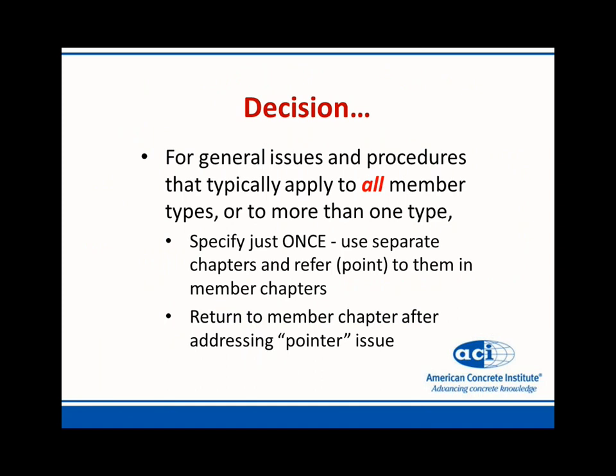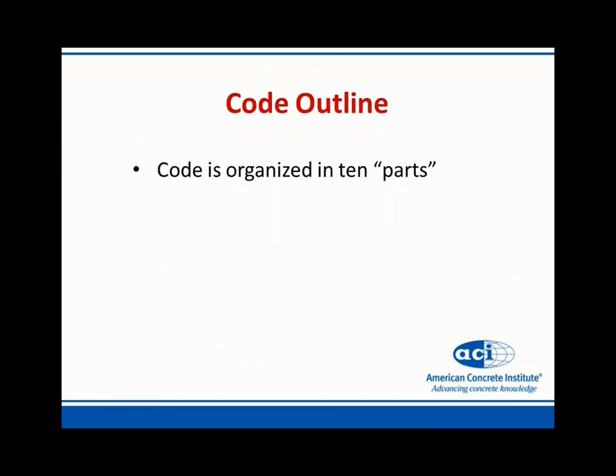So within the member chapters, if you get to a point where you have to go to another chapter, there's a very clear pointer to the section that's required. Once you accomplish that section in a different chapter, you bounce right back to where you were in the member chapter. And we believe that that's reasonably coherent, and it means that you won't need a forklift to pick up the code.